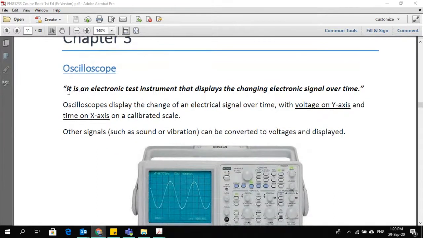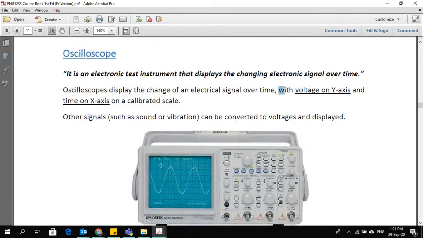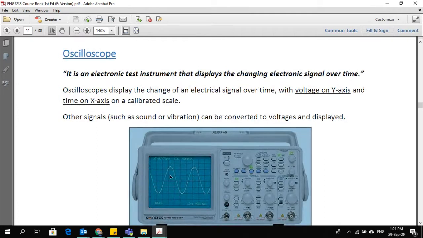The oscilloscope, as you know, is an electronic test instrument that displays a changing electronic signal over time. It is used to show waveforms. It displays the change of an electrical signal; electrical signal means waveform signal. If you look at the screen here, it looks like a graph because you can see the grids, the y-axis and the x-axis.